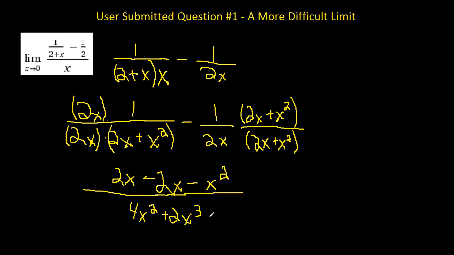The first thing I notice is this 2x minus 2x should go away. That just goes to 0. And we can drop an entire x squared out of this. And what I mean by that is, I'll just rewrite this: minus x squared over 4x squared plus 2x cubed.